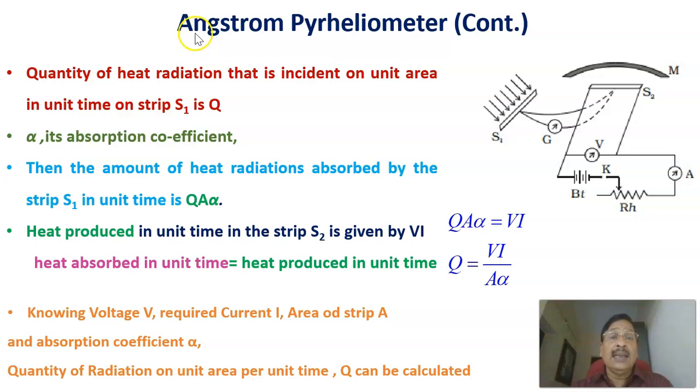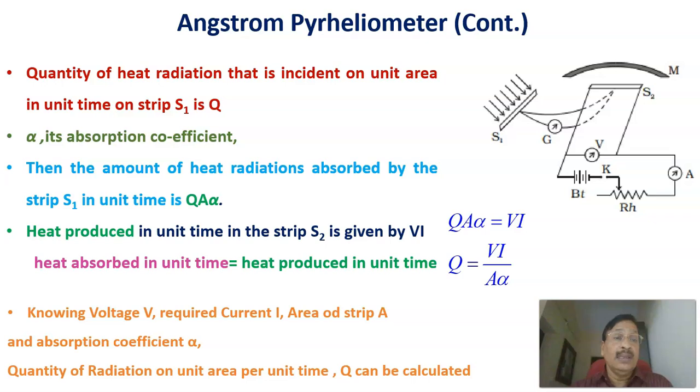Continuing with the Angstrom pyrheliometer, the quantity of heat radiation incident on unit area in unit time on strip S1 is represented as capital Q. This is the quantity of radiation falling per unit area per second.